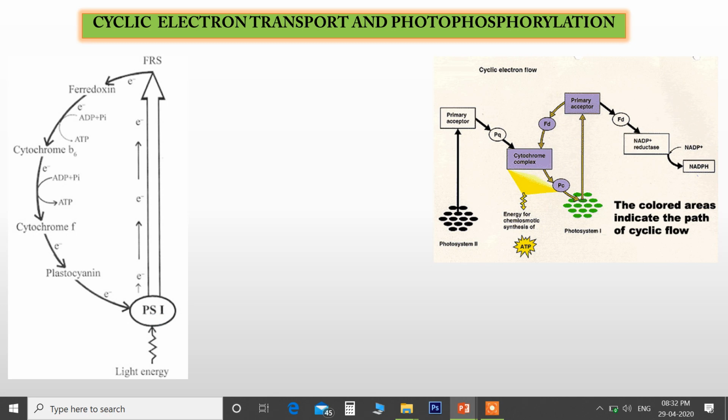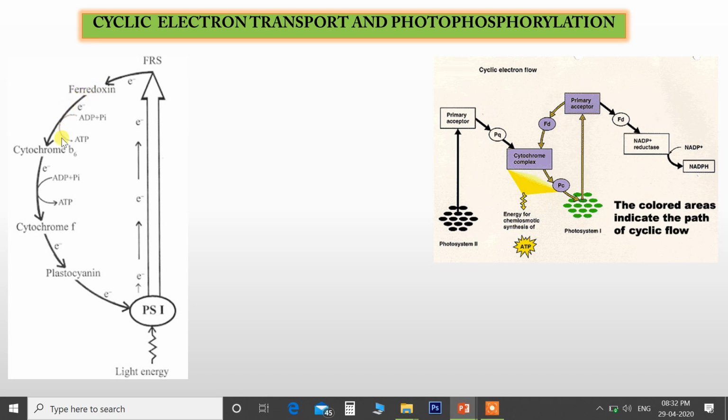This is very simple, and during this downhill movement, one important process occurs. Ferredoxin actually possesses a high energy electron.